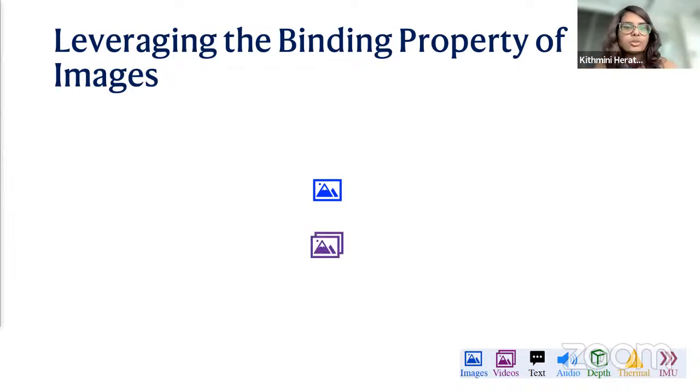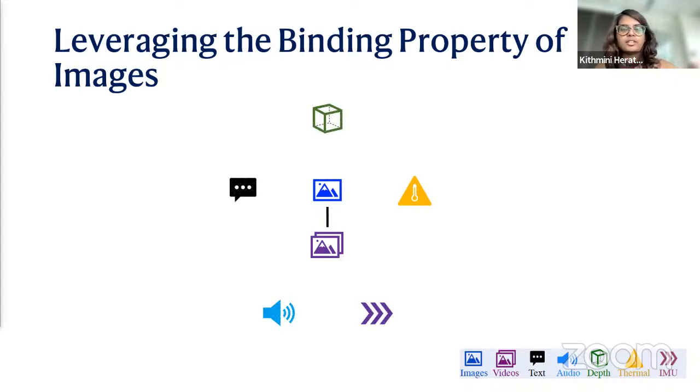They're also looking at videos, but you can break a video into frames, so that would also result in images. This is their core space. And then they're looking at the other types of data like depth, thermal, IMU, audio, and text data.